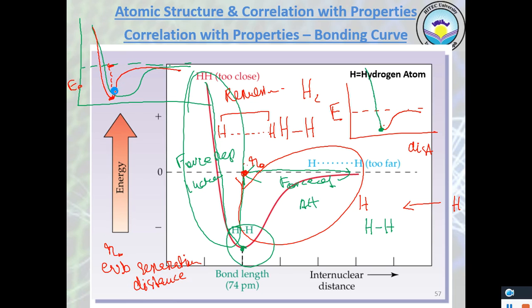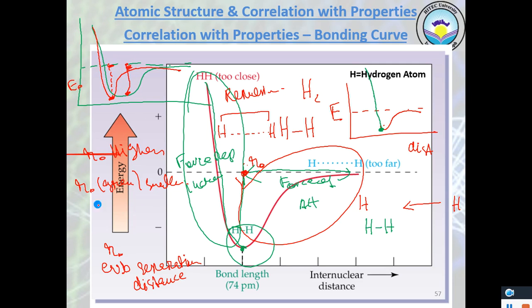And now we are going to compare this curve, and we can see that R naught for the red line is higher and R naught for the green line is smaller. For example, look here, this is smaller.